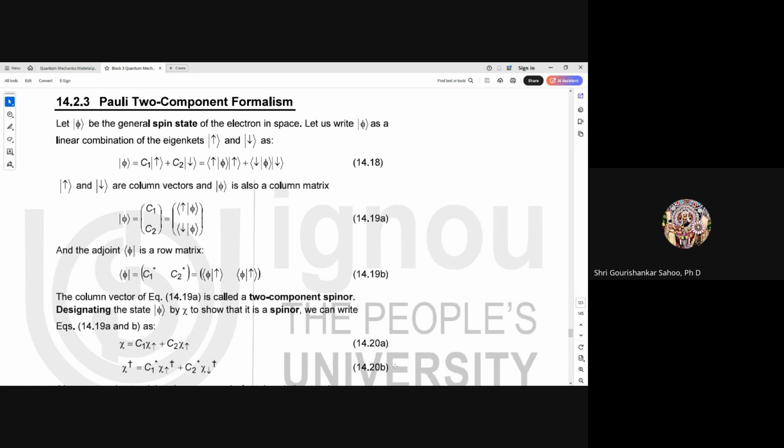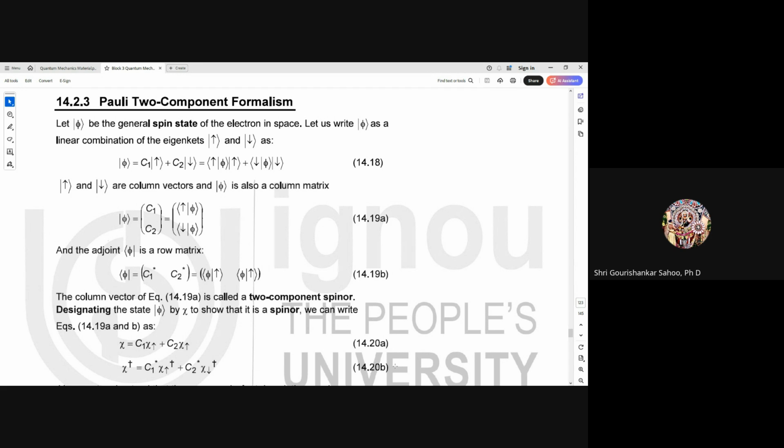And your phi state can be represented in matrix form as a column matrix C1 and C2 as shown on the screen. And phi bra can be represented as a row matrix C1 star, C2 star.